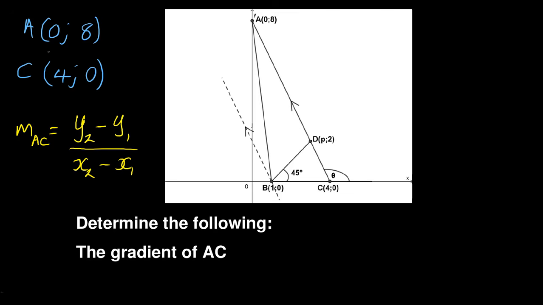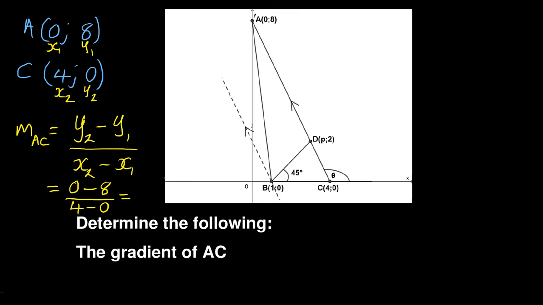So I have then to identify which one is my x1, my y1, my x2, and my y2. So that if I simplify it now, I will have 0 where there is y2, minus 8 where there is y1, over 4 where there is x2, minus 0.